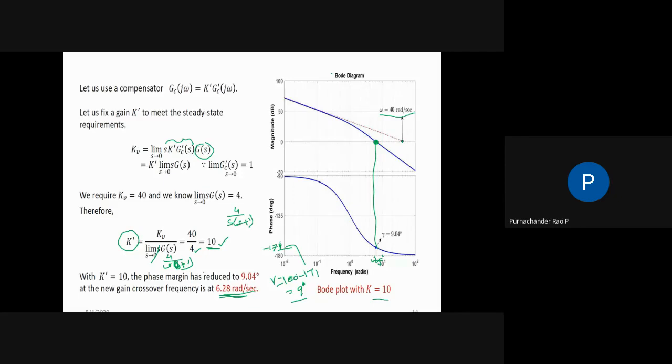Directly you can find that the value of the gain crossover frequency is 6.28.